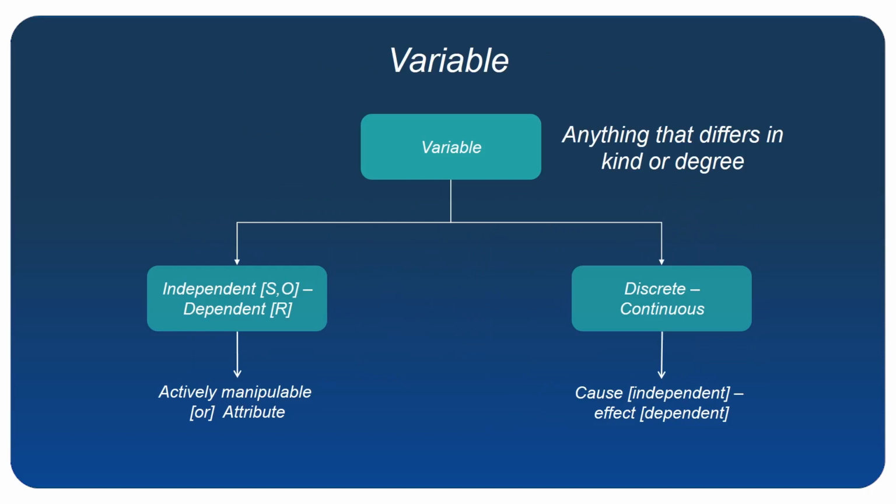Variables can be classified into so many categories. One of the ways by which we classify variables is in terms of independent versus dependent.